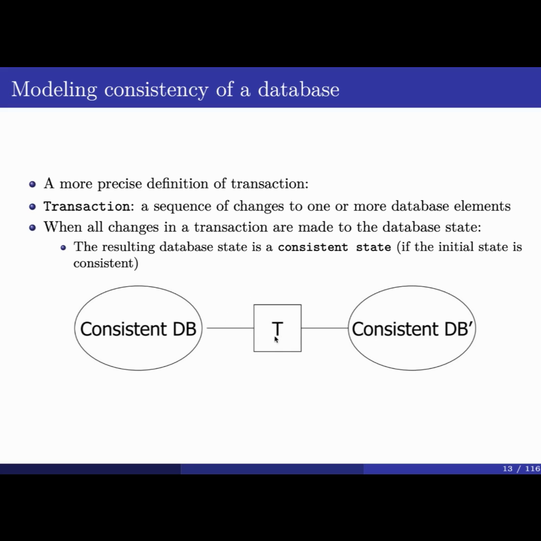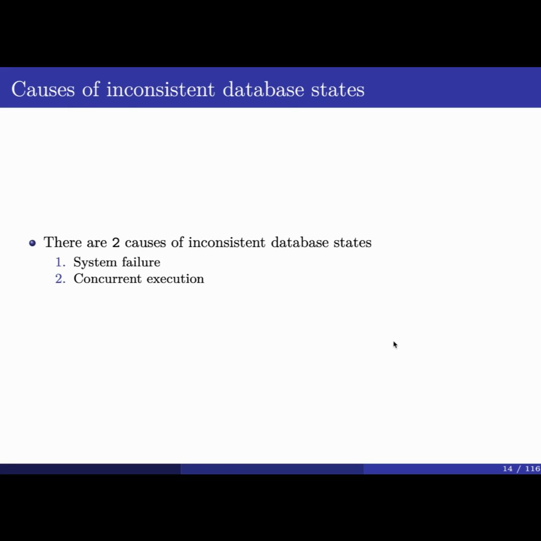If you perform the entire transaction, it produces a new database state, because the transaction does some operations and modifies the database. So if the transaction modifies the database from one consistent state, after you perform the whole operation, it must transfer the database from one consistent state to another consistent state.